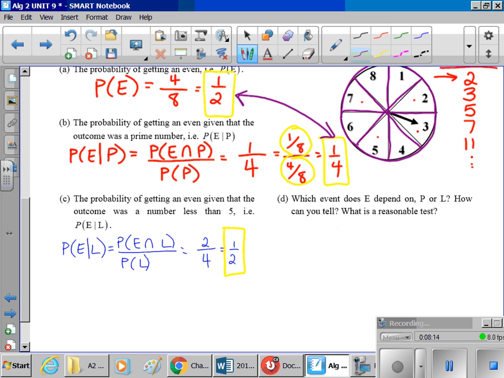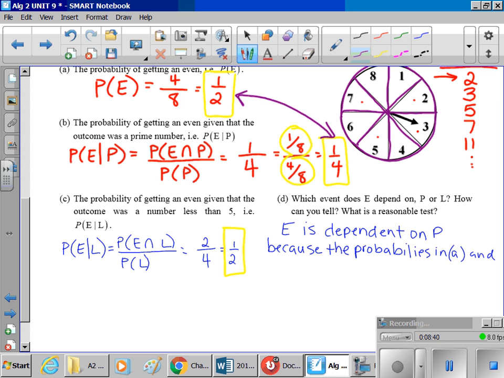How about we say E is dependent on P because the probabilities in A and B are different. Or let's say are not equal. I think that's a better way to say it.